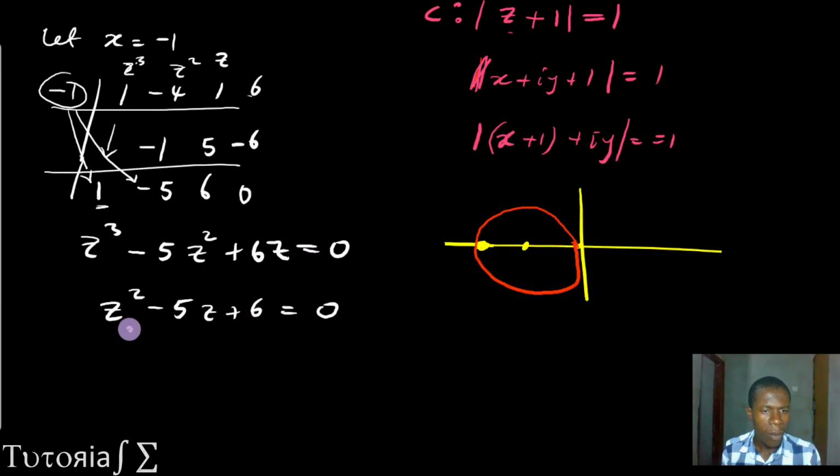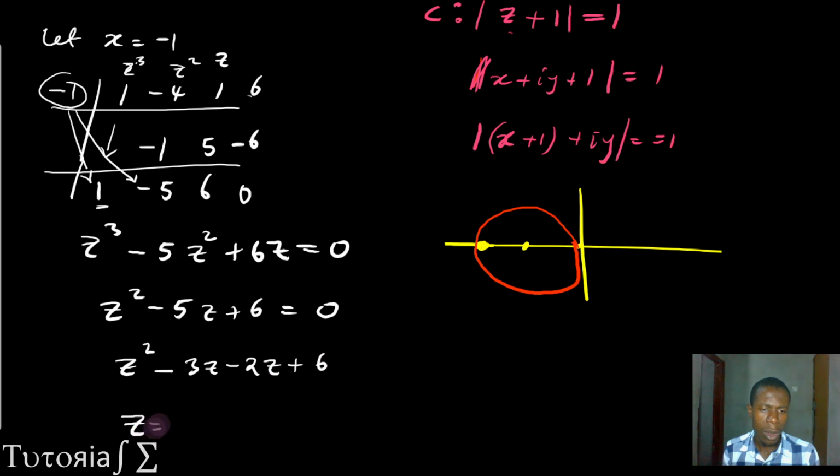So here, further simplifying, z minus 3 and z minus 2 give the roots.